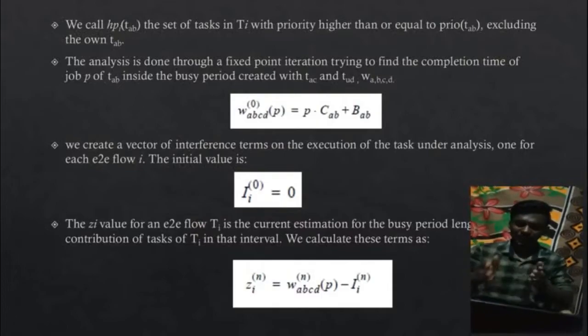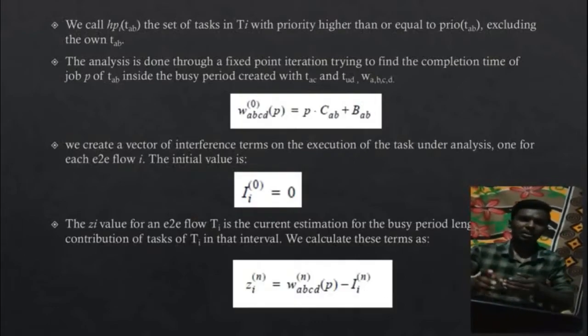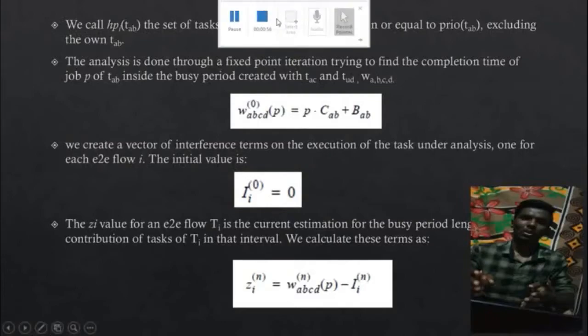Then the Z_i value for the end-to-end flow Ti in the current execution of the busy period is given by Z_i of n equal to W_abcd of i minus the vector I_i.